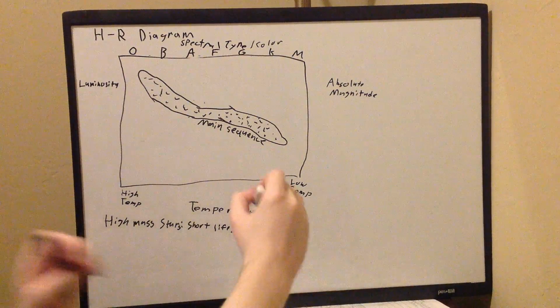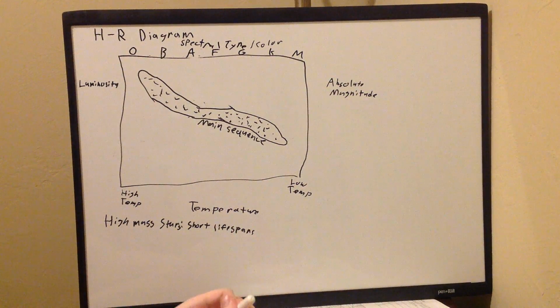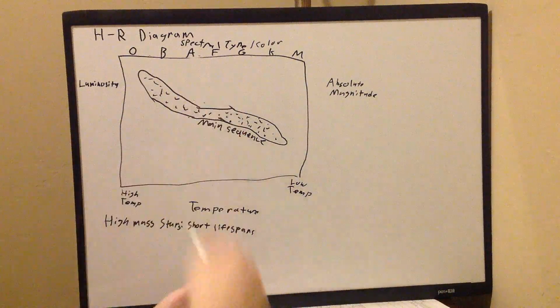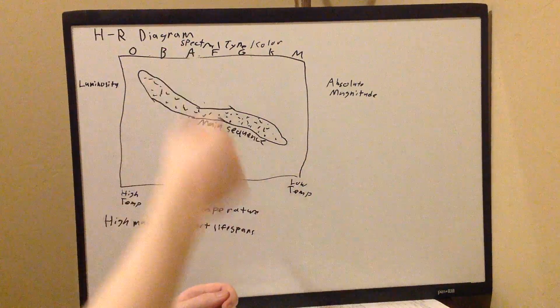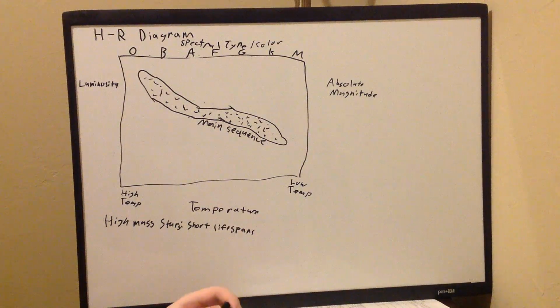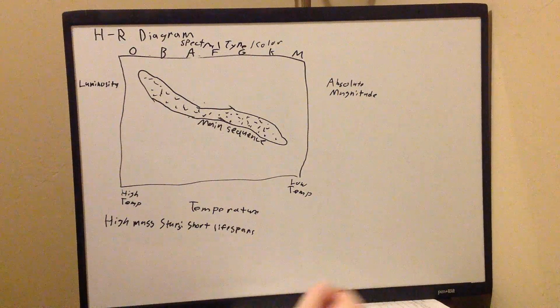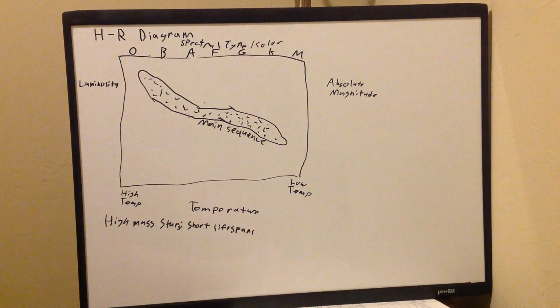Very short in cosmic timescales. Something like this might live for a few 100 million years. You get the idea, right? It's like, the more mass you have, the brighter you burn, the quicker you go through all your fuel, and you run out and you die. So high mass stars have a short lifespan.